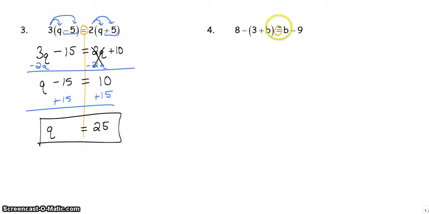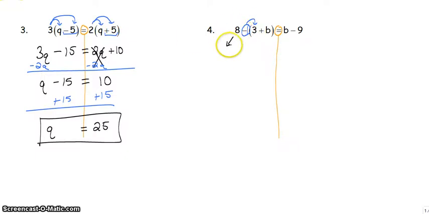Number 4 is a tricky problem here because I have to distribute, I have to combine like terms, then I have variables on both sides. Not only that, it's often the case that people distribute the 8 here. But keep in mind, that's 8 minus, not 8 times. So what I'm actually distributing is a negative 1 from in front of my parentheses.